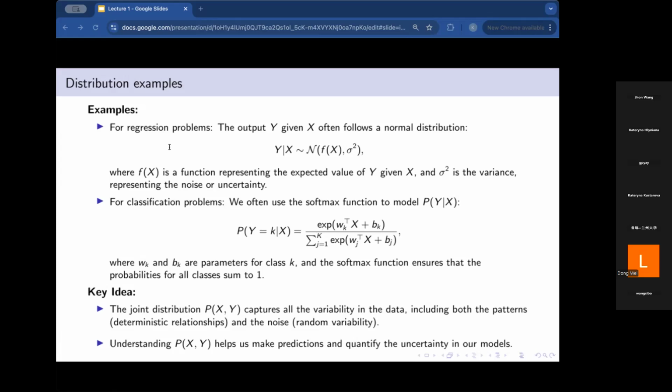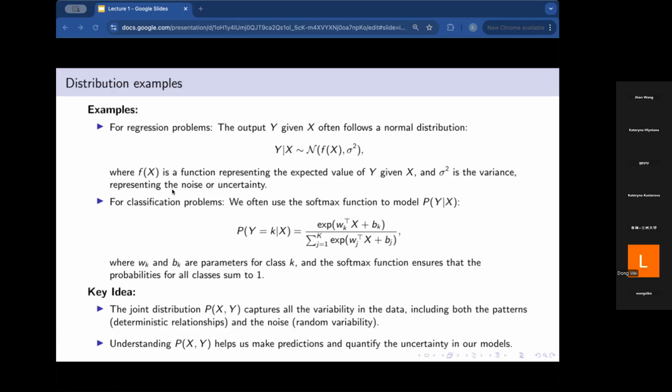Here, the function of X represents the expected value of Y given X, and sigma squared represents the noise or uncertainty in our prediction.